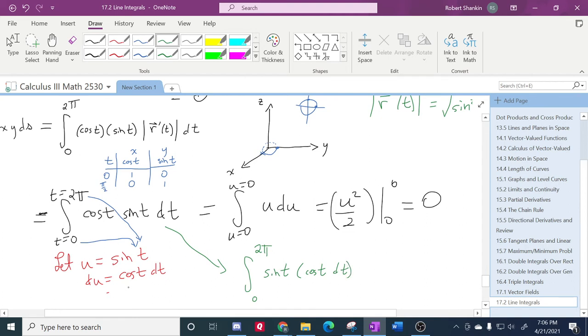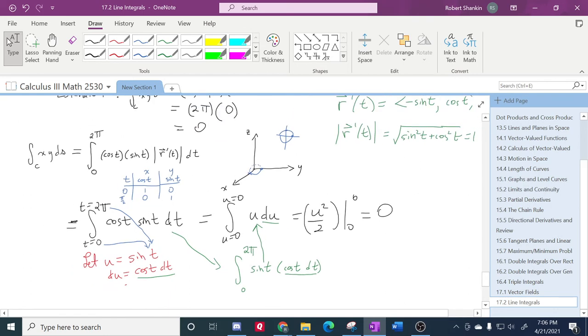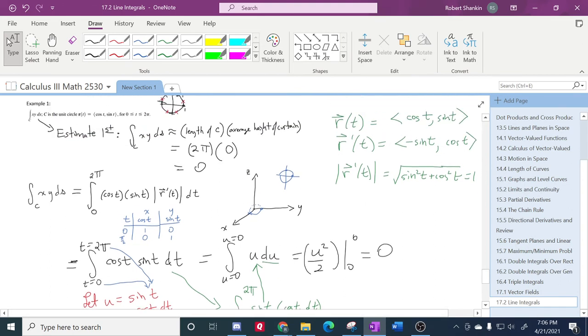Now, cosine t dt is the same as du, so that goes right here. The sine of t is the u. Does that clarify that for you, Yulia? Yes, I totally didn't see that. Thank you. Well, there's a lot going on. I'm glad you asked and got it clarified.